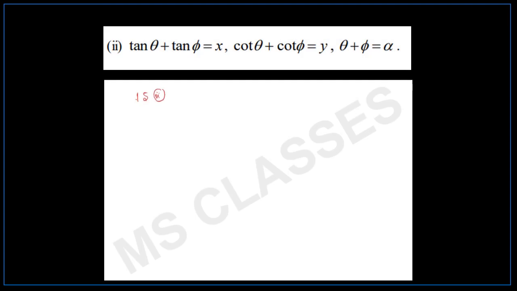It is given tan theta plus tan phi equal to x. Cot theta plus cot phi equal to y.